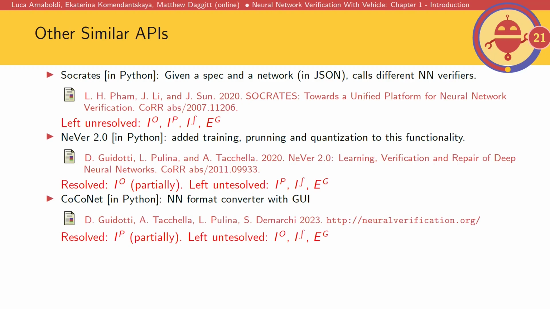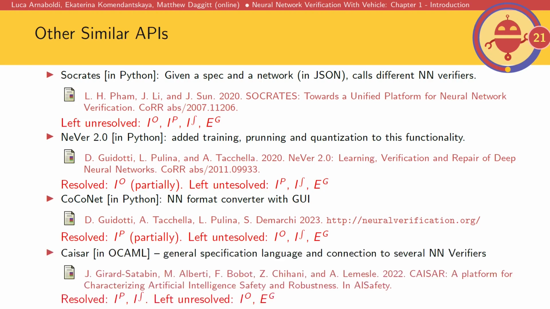Then there is Coconet. It's still in development. It's a neural network format converter with a graphical user interface. So you can actually graphically specify your neural networks, and then it will compile this down to a neural net spec. So it resolved interpretability partially, because it's a nicer graphical interface for the user. It's more friendly. But then it left unresolved the other 3.